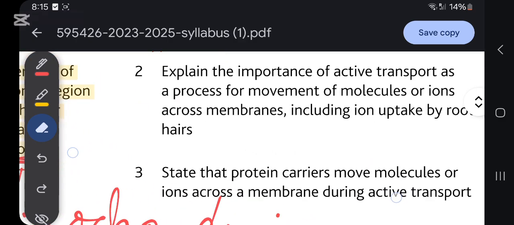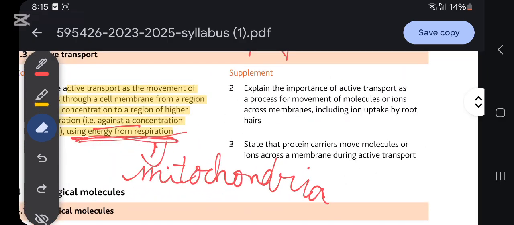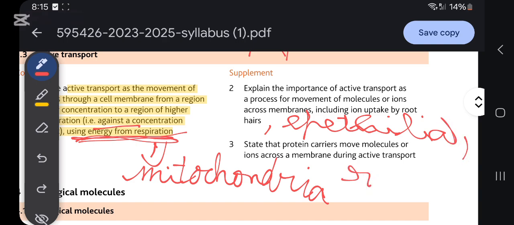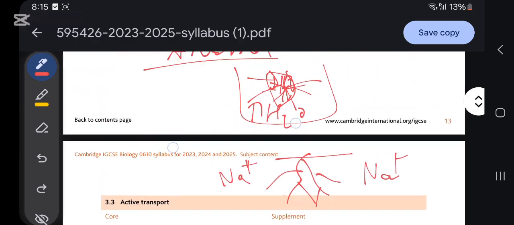We will be discussing it later. So remember there are three uses: by root hair cells, by the epithelial cells in the villi for glucose uptake, and in the kidney.